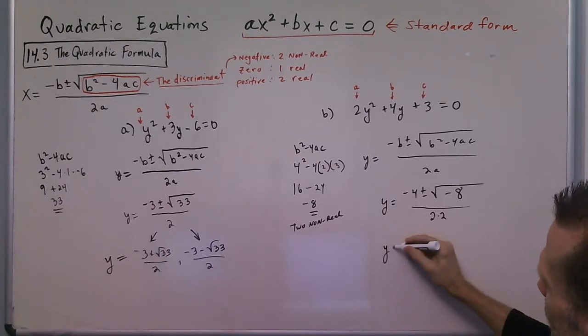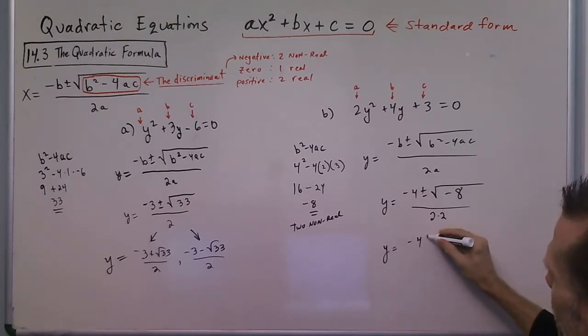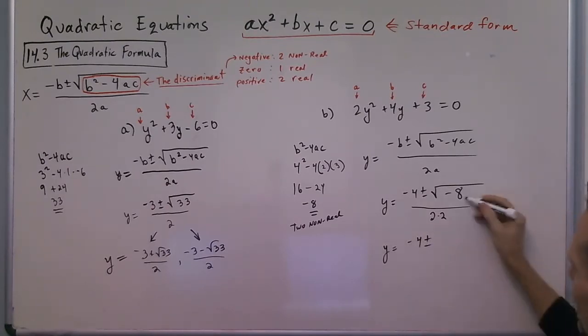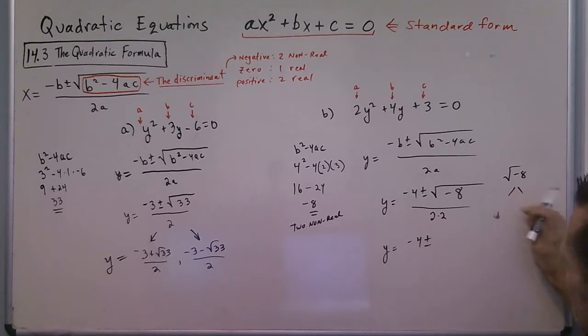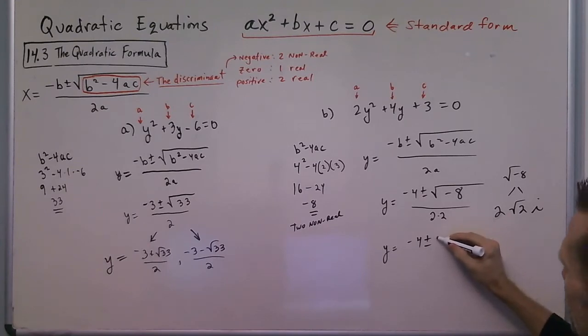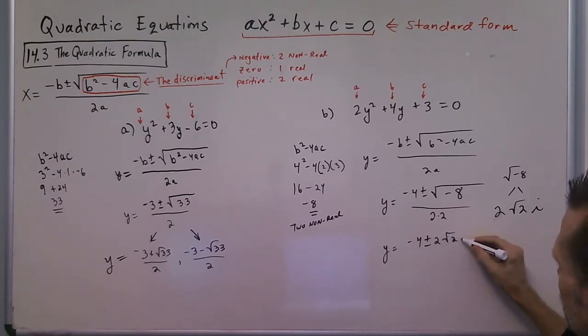So I get y equals negative 4 plus or minus, well, I could simplify this. Remember that the square root of negative 8 is going to simplify into 2 radical 2, and then we have our i. So I have 2 radical 2 i over 4.